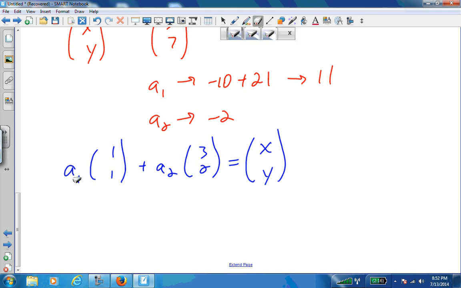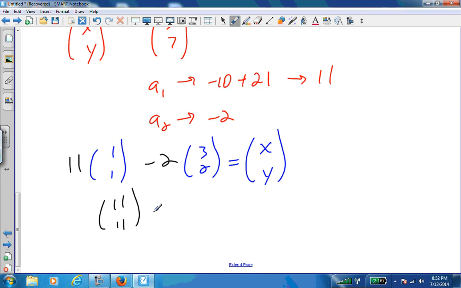So if we replace A1 with 11 and A2 with negative 2, we get 11, 11 plus negative 6, negative 4, which gives us 5, 7.